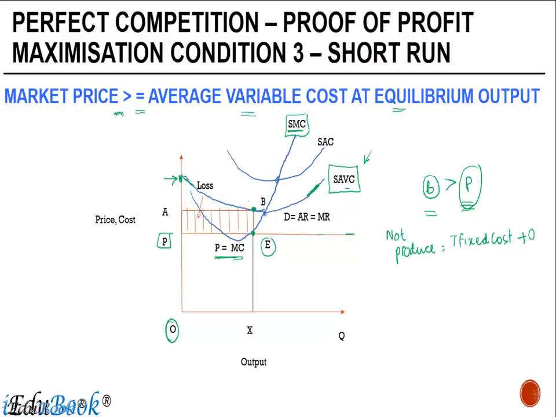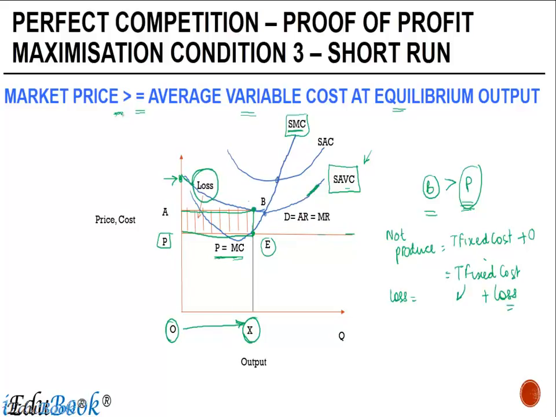So the loss they incur is going to be equal to the total fixed cost. But by increasing the output from 0 to X, they are incurring a loss equal to this total fixed cost, plus in addition to this, since the average variable cost is B, this part which we have highlighted here in red is the additional loss that they are going to incur.